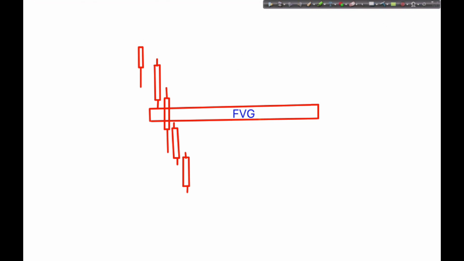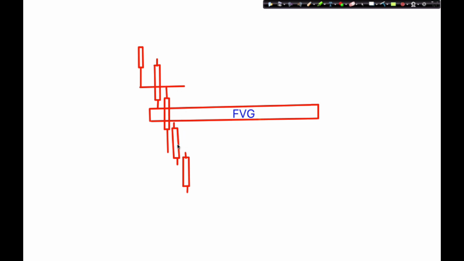If you look at the high of candle number 1 and the low of candle number 3 and try to join them, they should not leave any gap. Sometimes they even surpass each other, meaning there is nothing like a gap, which isn't the case here.